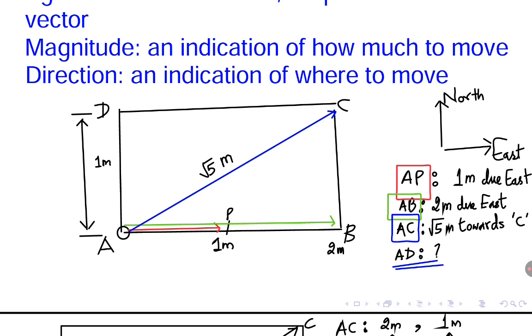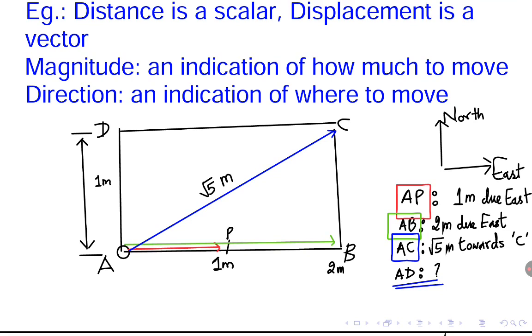Now these vectors AP, AB, and AD are very simple. These are actually, as you'll see later, examples of one-dimensional vectors. What do you mean by one dimension? You know our space has 3 dimensions, and this screen has only 2 dimensions. So for example, here we have a direction east and we have a direction north.